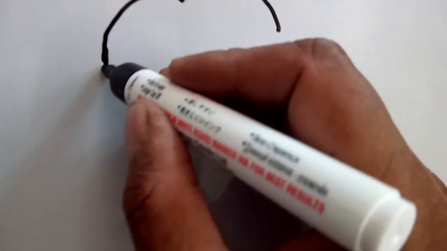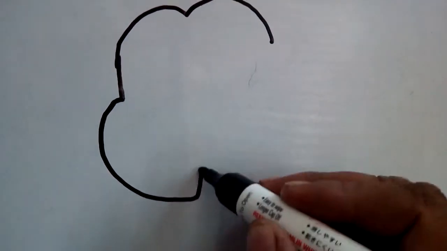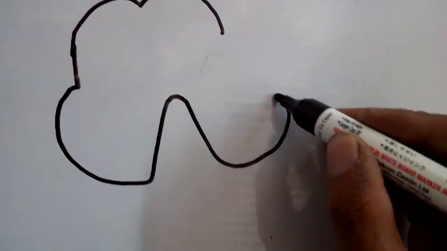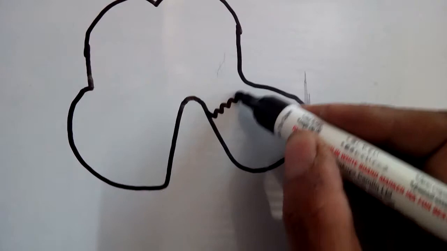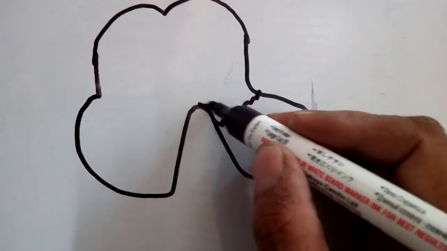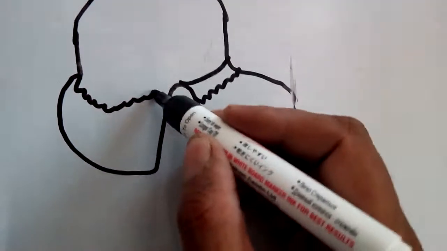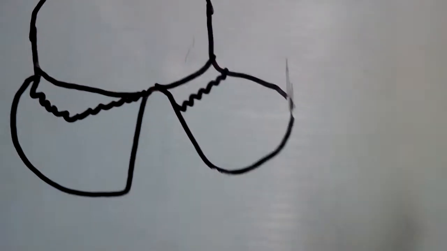This is the dorsal part, this is the ventral part. Again, this is the substantia nigra, a convex, smooth ventral part.